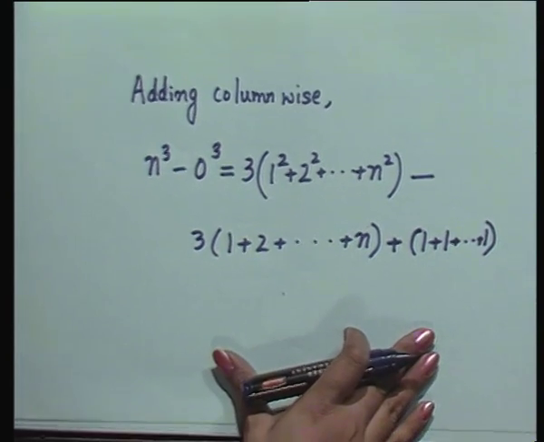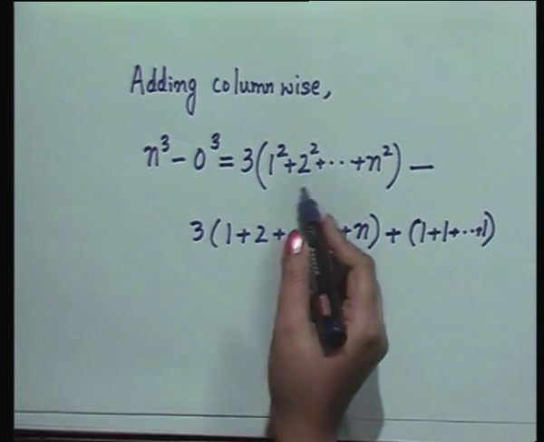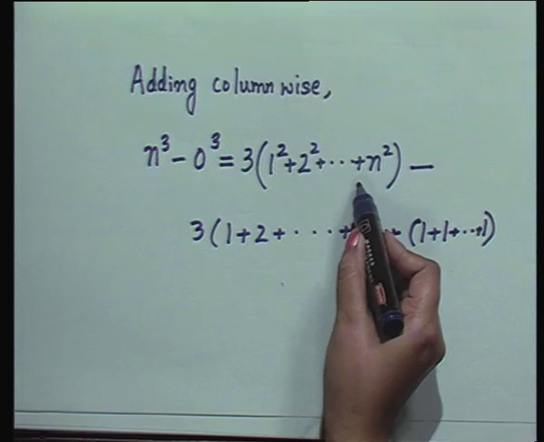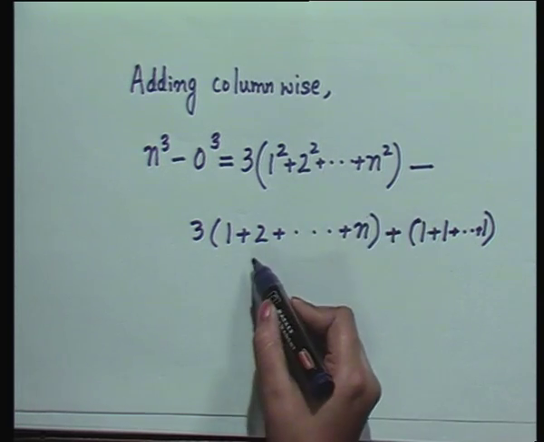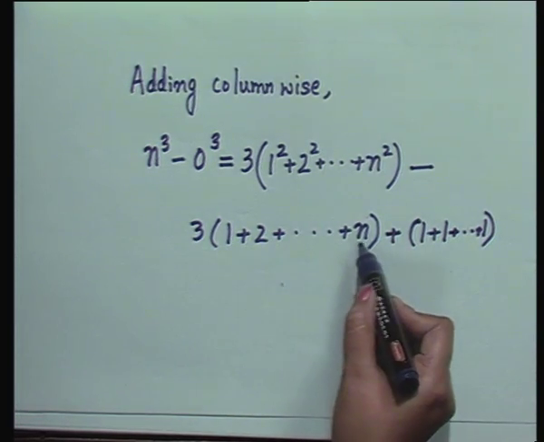What you can see here is that the right hand side is giving us that quantity which we are interested in evaluating, plus it involves 1 plus 2 up to n, which I am sure now you know what its value is.